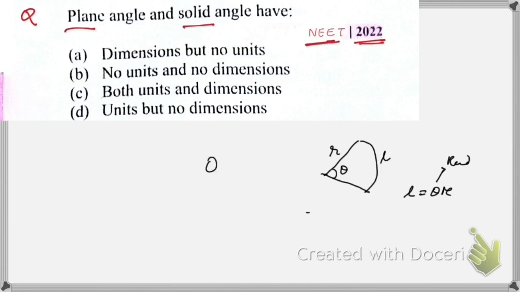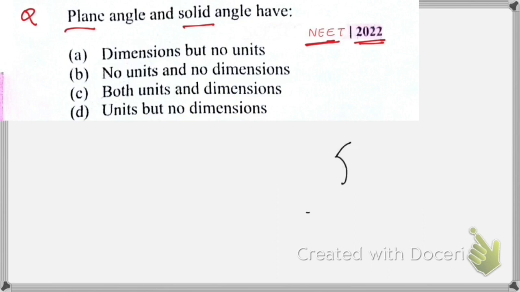So now theta will be equal to L by r. L is length, so its dimensional formula will be L, and radius is also a length. So L by L, this is gone, so it becomes dimensionless, right? Hope you have understood.